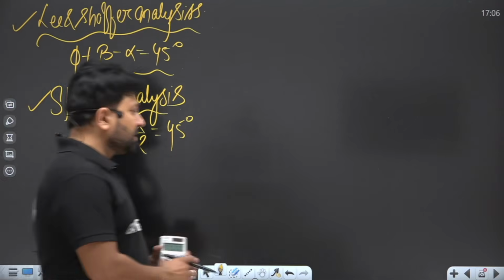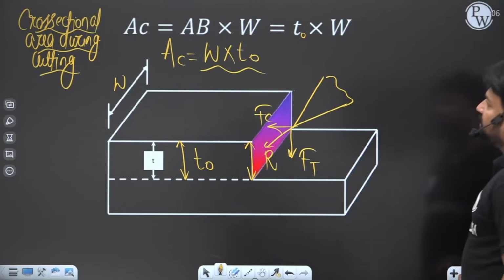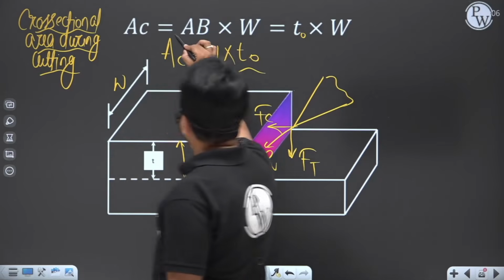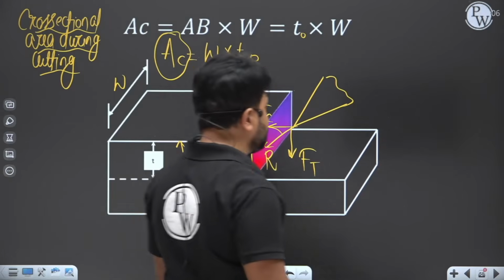Clear? Now, I was talking about the material removal rate. In material removal rate, the cross-sectional area plays a very important role.